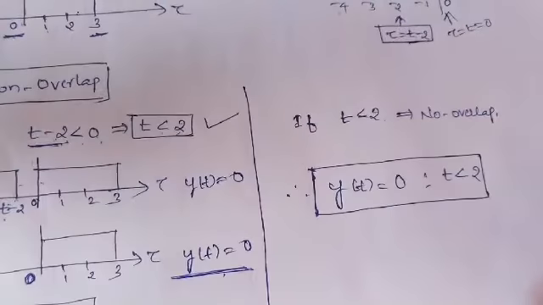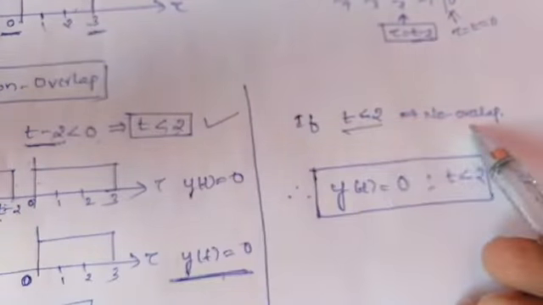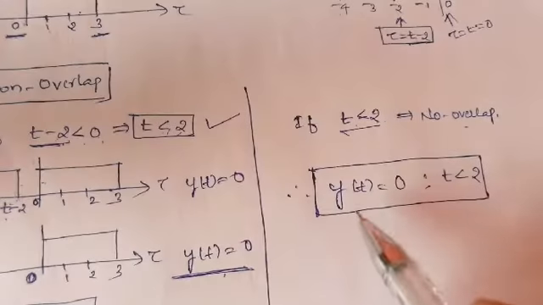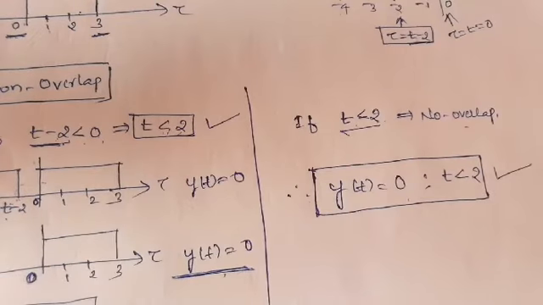In concise, y(t) = 0 if t is less than 2. This is the non-overlap case.